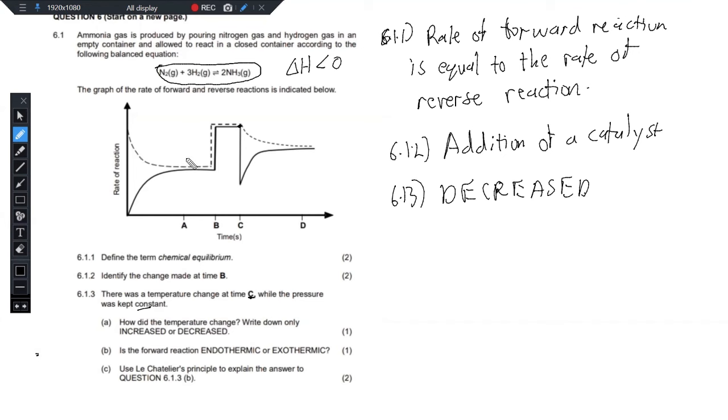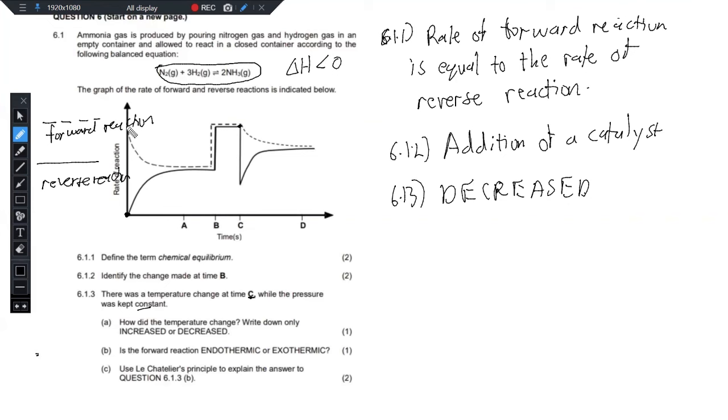Now let's explain why it decreased. You will know from your notes that the broken line, always starting up here, always represents the forward reaction, and the bold line represents the reverse reaction. The one that always starts from the origin and increases like that is always the reverse reaction.